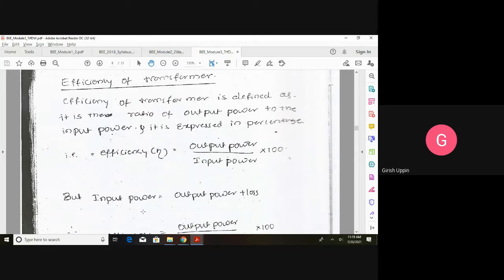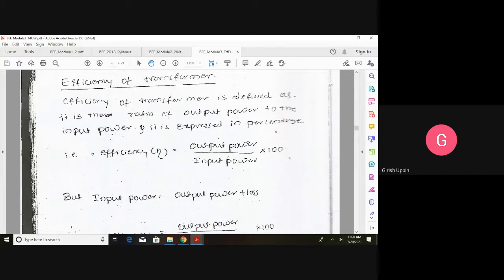If you are getting a value like 55 or 60, make sure that you recheck your calculation, as there might be some mistake. You should get close to 90%. What is efficiency? Efficiency is defined as the ratio of the output power to the input power.